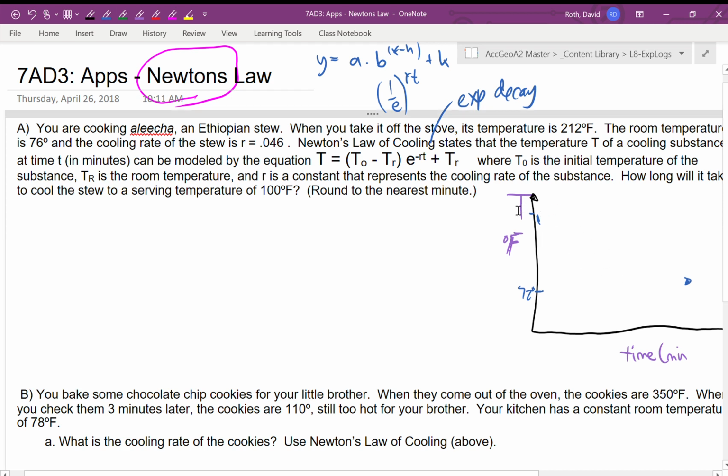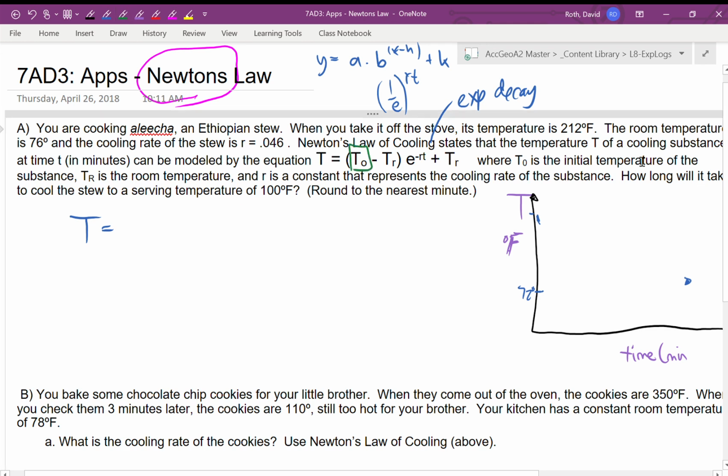So let's start filling in this equation here. I'm going to write down T equals, what color am I? I'm blue, that's fine. T naught, TR, let's start putting maybe some color coding boxes around here. I'll use green. T naught, what does T naught stand for?